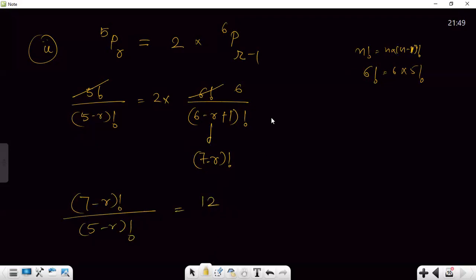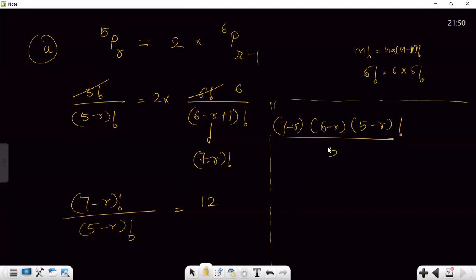Great. Now let's solve it here. (7 minus r) factorial can be expanded to (7 minus r) into (6 minus r) into (5 minus r) factorial. Divided by (5 minus r) factorial equals 12. This cancels each other, and what is left is (7 minus r) into (6 minus r). Now, instead of solving the quadratic equation, let's be smart. The difference between the two factors here is 1.